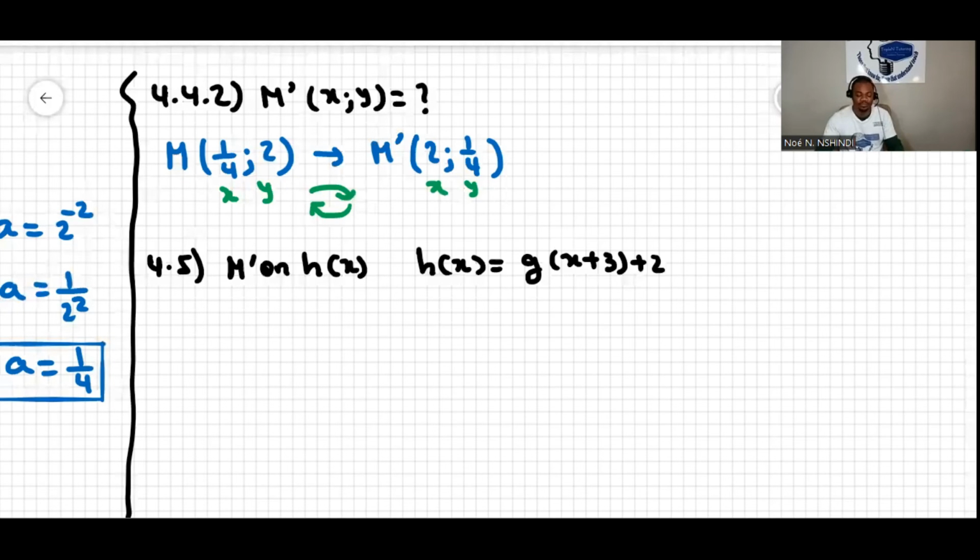Now, it is important to know the properties of functions, of transformation of functions, especially for questions like this. Now, the number 3 that we see here, this is what we call the horizontal shift, it will affect the graph. It will shift it 3 units to the left.